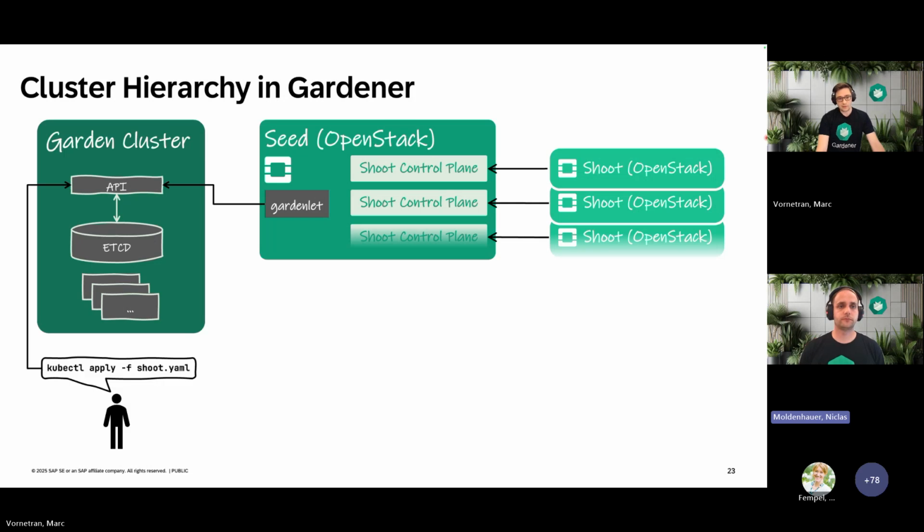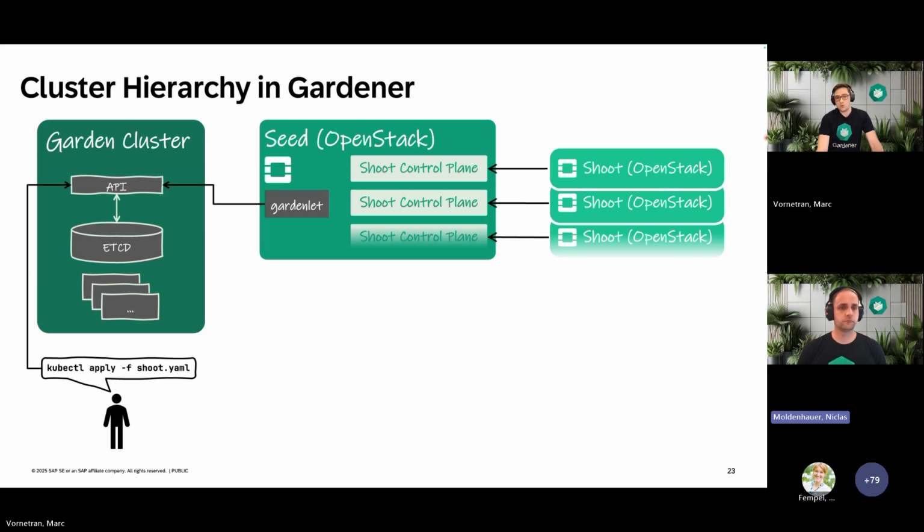And if now a user comes and says, hey, I want to have a shoot, he takes a shoot YAML, so essentially this description that you have seen as this blueprint thingy, and applies that to the garden cluster. The garden cluster now communicates with the seeds via the gardenlet, and Gardener takes care of creating your desired shoot.